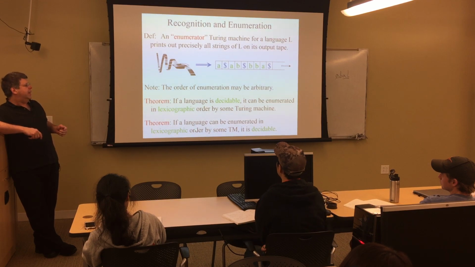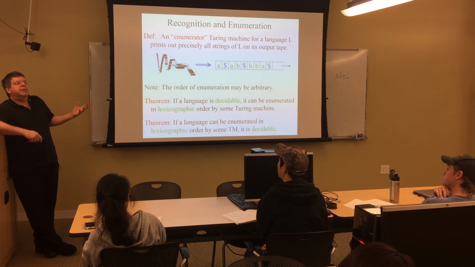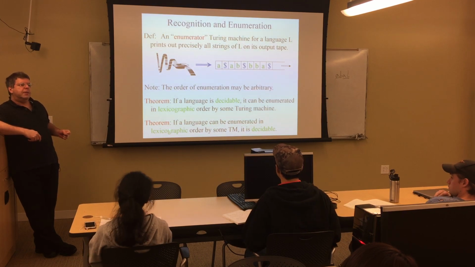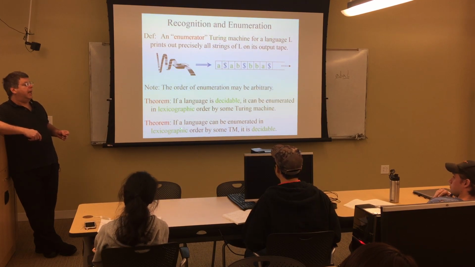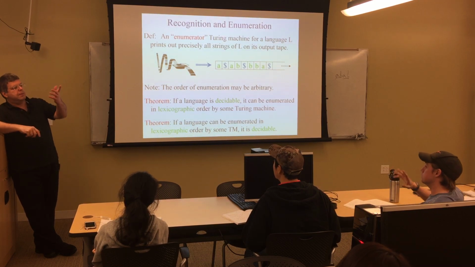How did I do it before? By running the decider in a tight loop, on everything that you generate from sigma star. Here, you're doing the opposite. You have an enumerator in lexicographic order, and from it, you need to build a decider. So how do you do that?